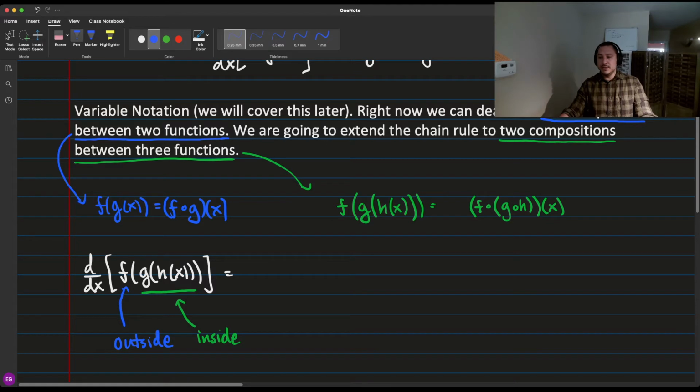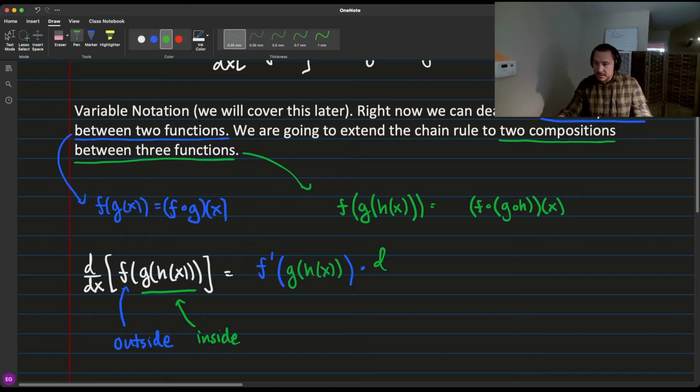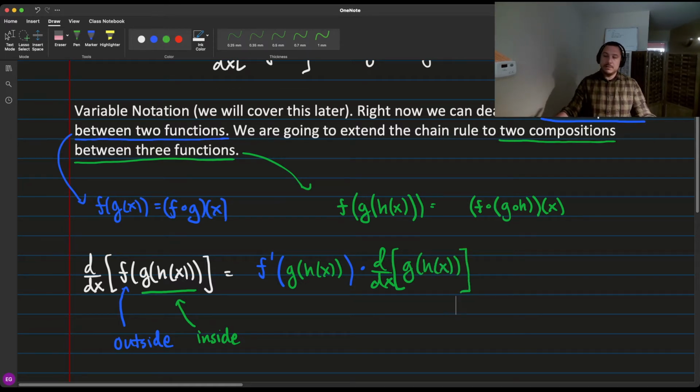The chain rule says take the derivative of your outside function, which is f prime, and then plop in the inside function, g of h of x. And then multiply by the derivative of the inside function. I'm just going to write here that I'm taking the derivative of the inside function.